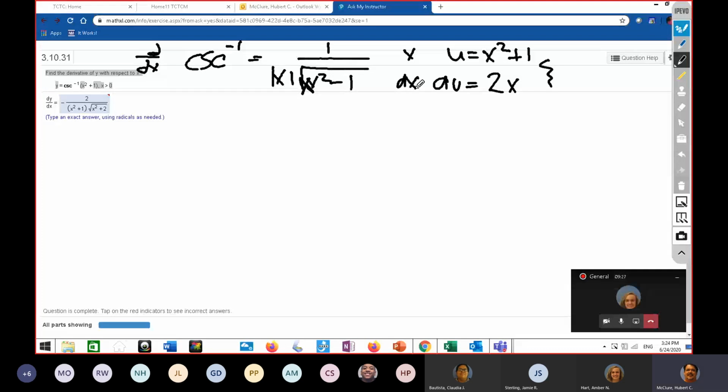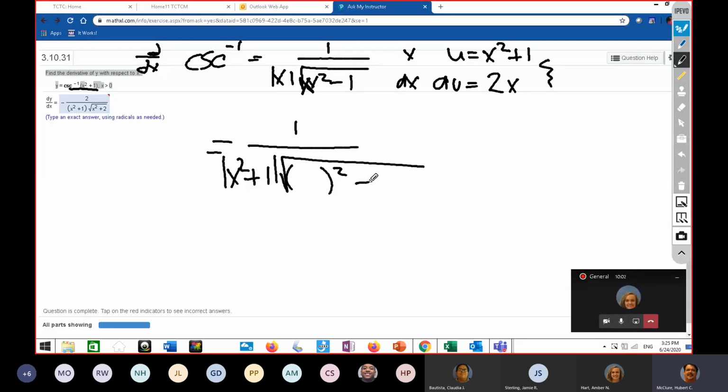So your derivative is going to look like this. You're going to have 1 over the absolute value of x squared, is it minus 1 or plus 1? That's inside the parentheses. Right here is x squared plus 1. And then the square root of parentheses squared minus 1, and that x squared plus 1 goes in there too.